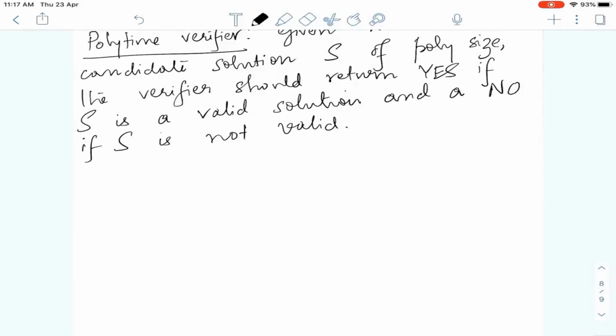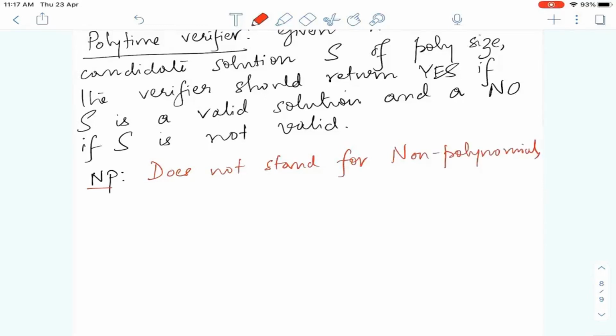Okay, so what is NP? Let me just tell you what it does not mean. NP does not stand for non-polynomial. It does not stand for not possible.